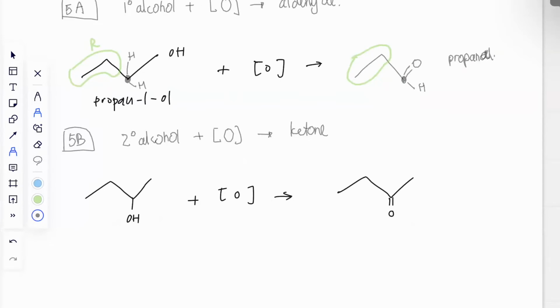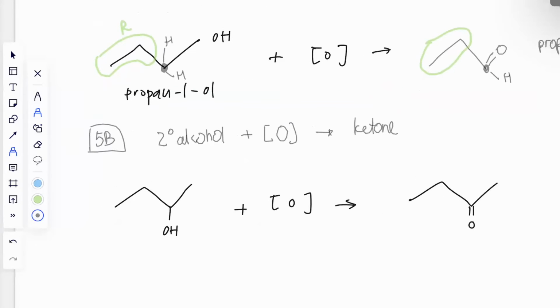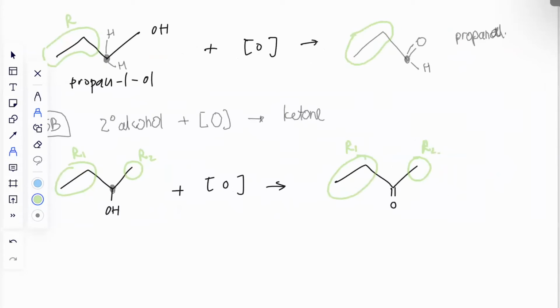Correct. So how do you know it's second degree alcohol? This carbon is connected to two R groups, R1, R2. What's the name here? Ketone.